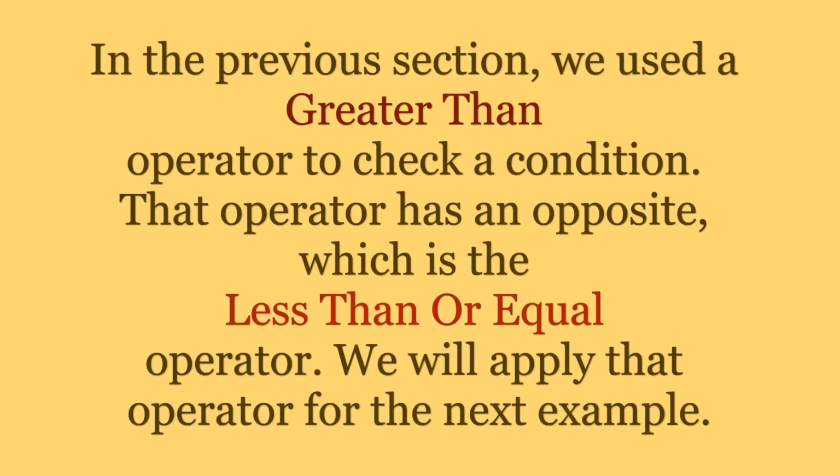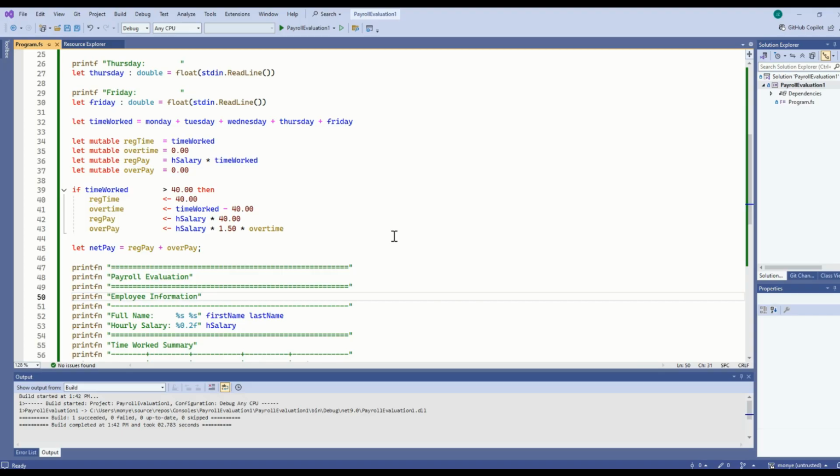In the previous section, we used a greater than operator to check a condition. That operator has an opposite, which is the less than or equal operator. We will apply that operator for the next example. What we do is to reverse the calculations in the calculation section. So we replace the regular time of the beginning by the value 40.